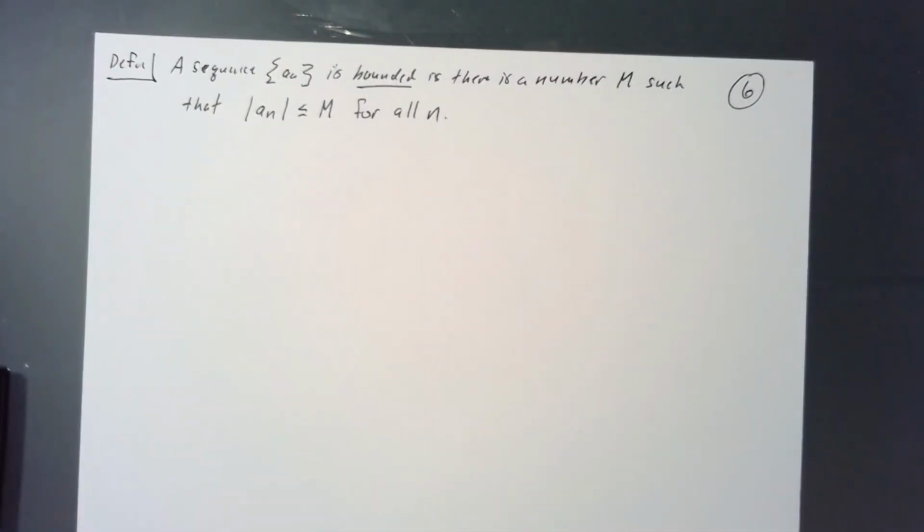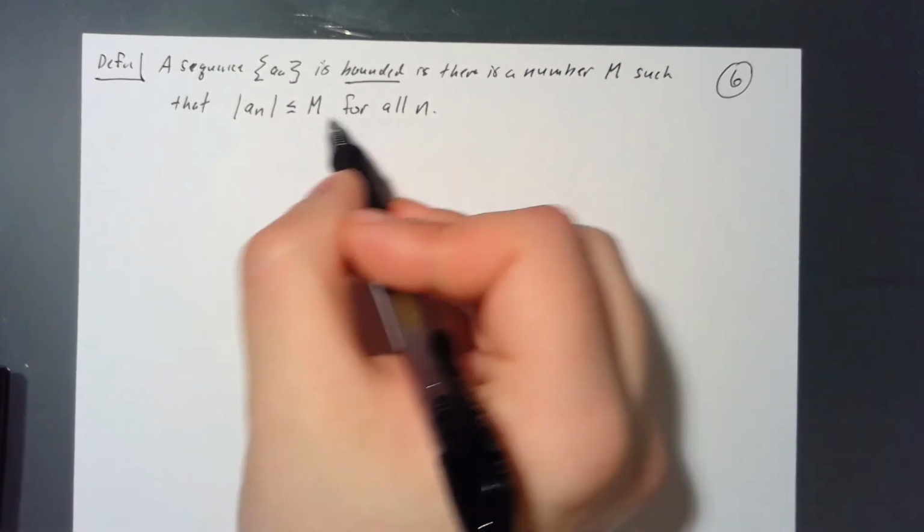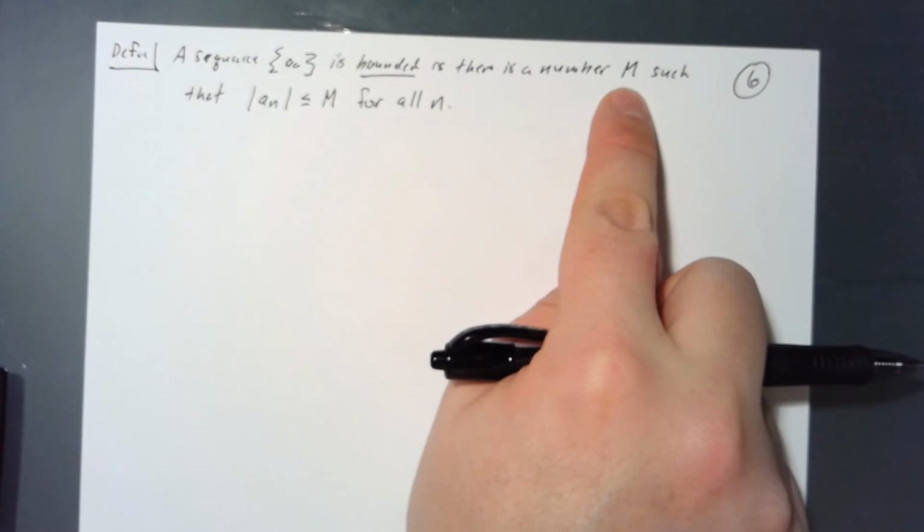Graphically, this just means that the sequence is caught between the value of M.